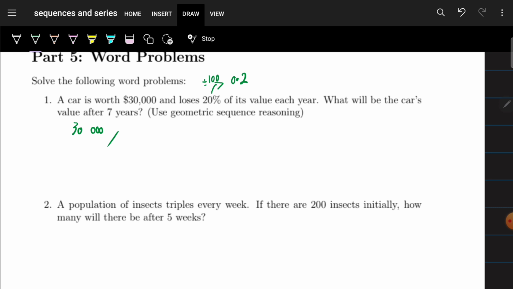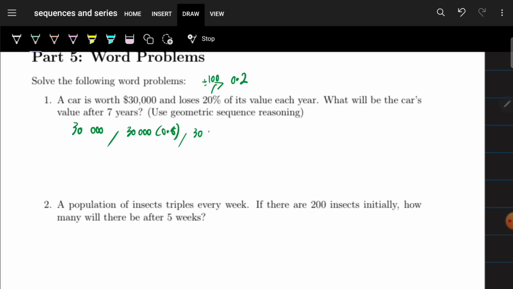Well, it's lost 20% of its value, so it's retained or kept 80% of its value, right? So after the first year, the car is going to be worth 30,000 times 0.8. So this means it's worth 80% of 30,000. Okay, after another year, it's going to lose another 20%. So that means it's only going to retain 80% of this quantity.